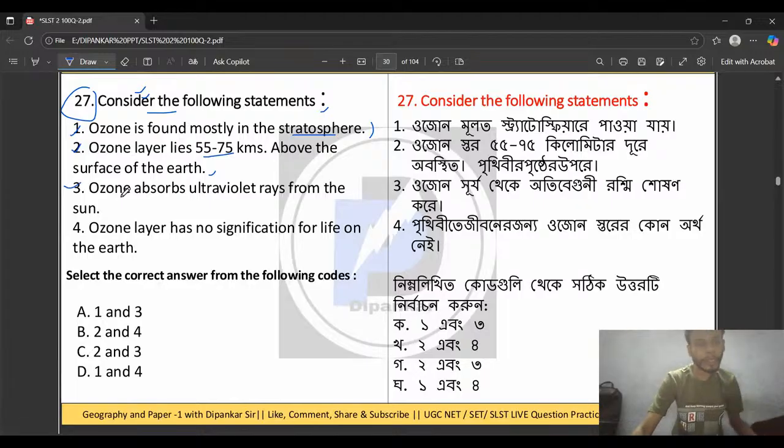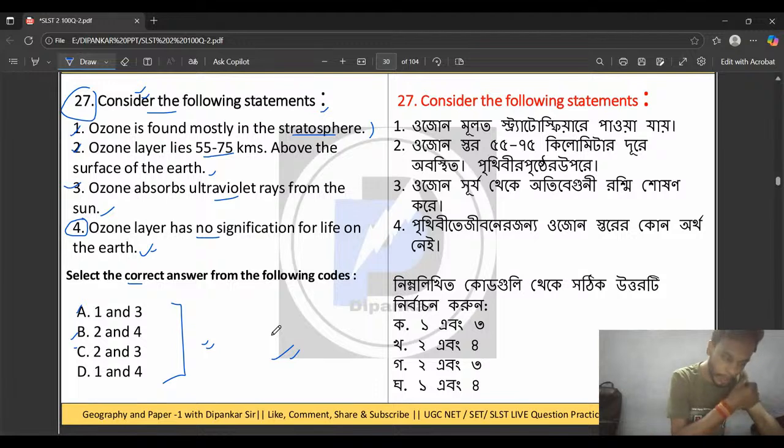Statement three says the ozone absorbs ultraviolet rays from the sun. And statement four says the ozone layer has no significance for life on the earth. Select the correct answer from the following code, options A, B, C, D, and please give your answer in our comment section.